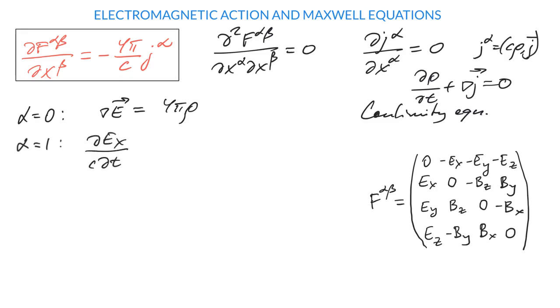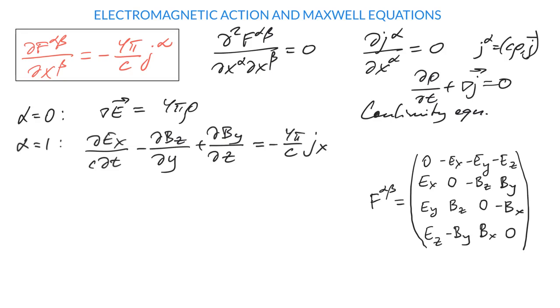Second term is 0. Then we have minus dBz by dy plus dBy by dz. And the right-hand side is minus 4 pi over c jx.